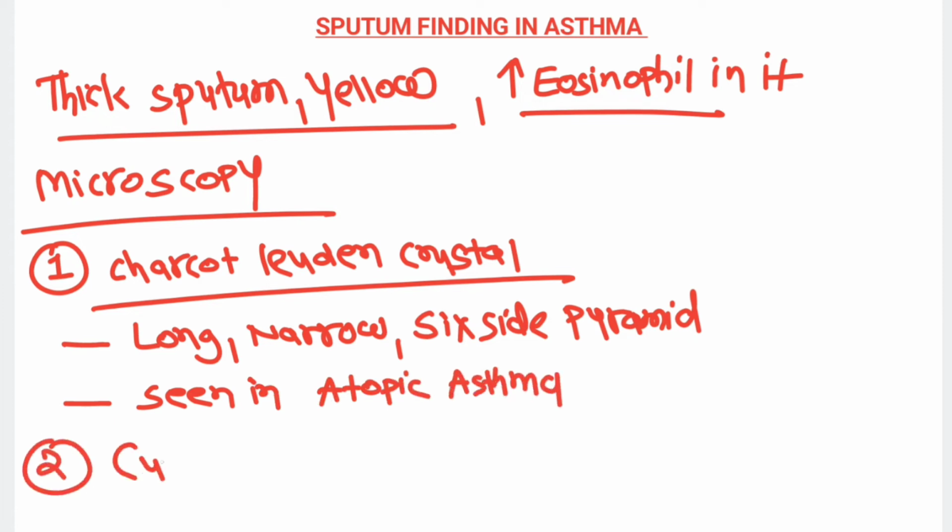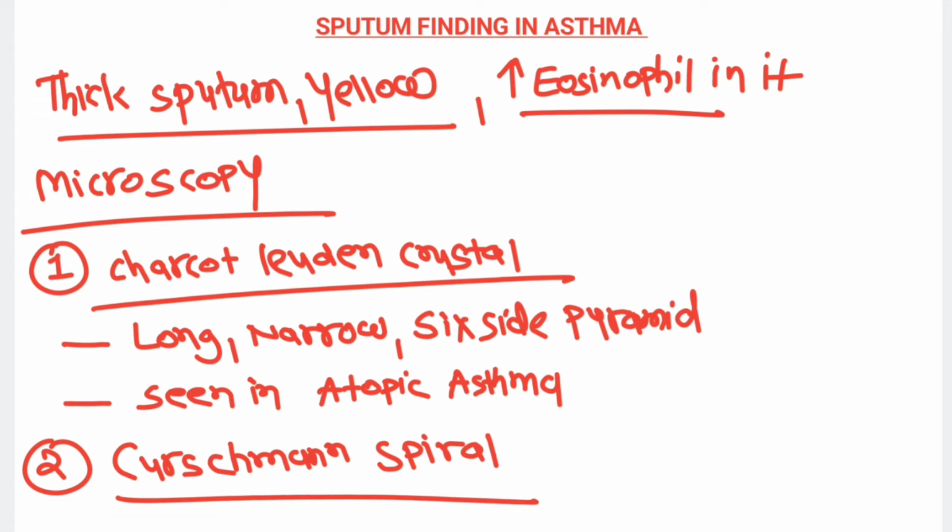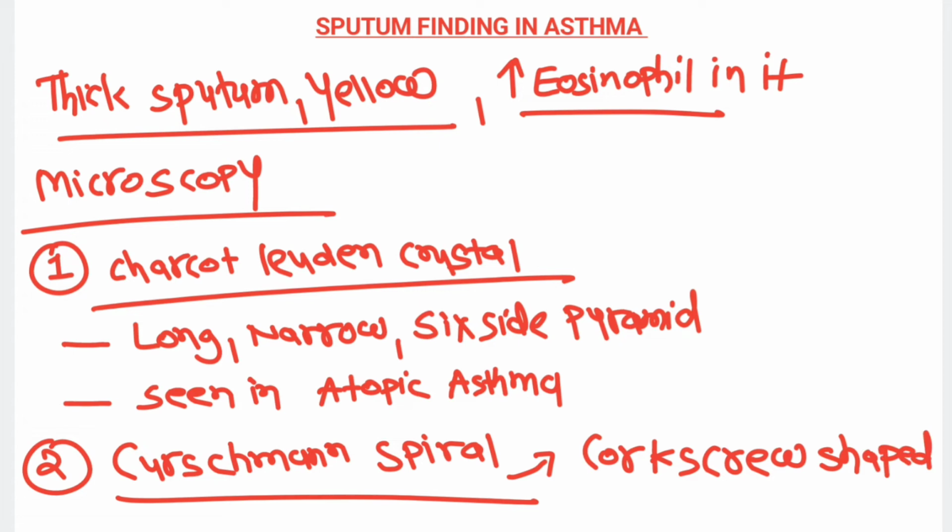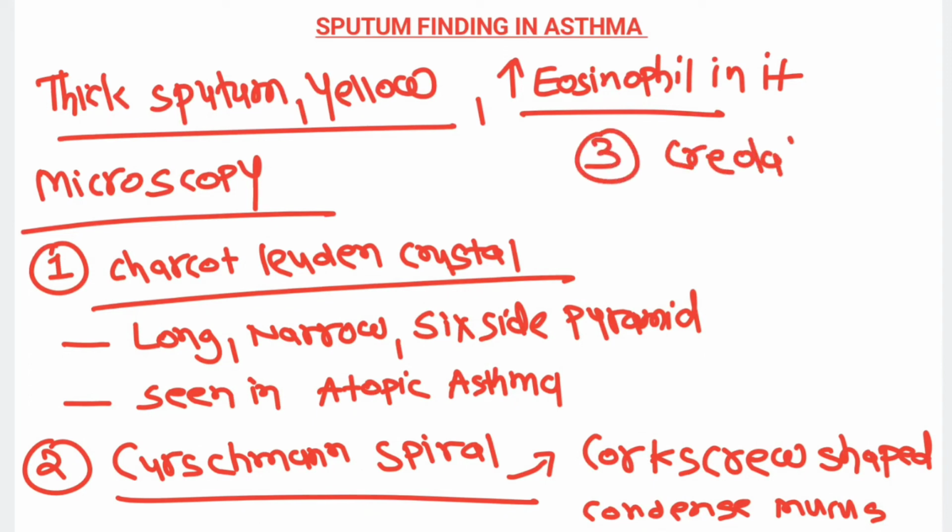Second, sometimes Curschmann spiral can be seen. It's a corkscrew shape, condensed mucus. So that spiral can be seen in asthma. Now, the third important microscopic finding is that sometimes in asthma, Creola bodies can be seen.